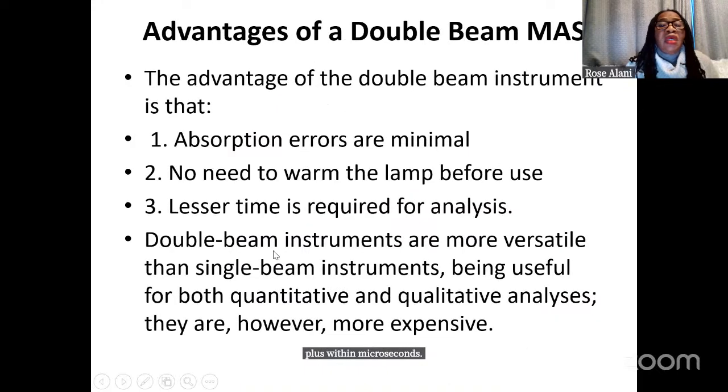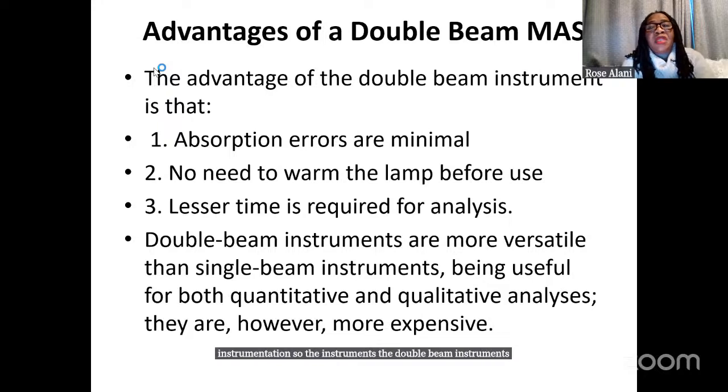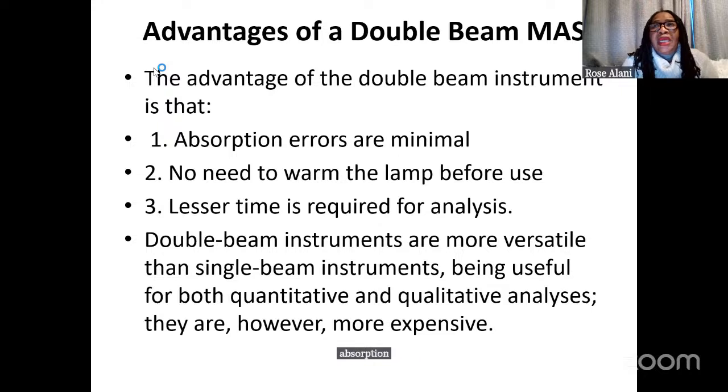So what are the advantages of the double beam instrumentation? The double beam instrument minimizes absorption errors. Like I mentioned, minimizes absorption errors. There's no need to warm the lamp before use.